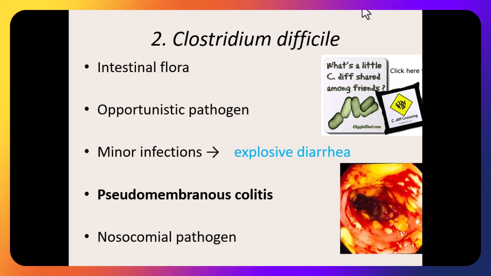It is considered a nosocomial or healthcare-associated pathogen. Not because people are just picking up the bacteria in a healthcare setting. They could, if it's not part of your normal flora, you can pick it up. But the top reason that C. diff grows uncontrolled is antibiotic use, broad-spectrum antibiotics.